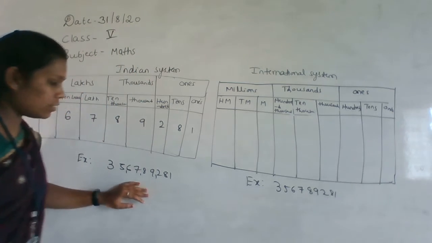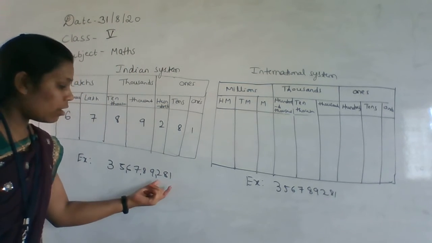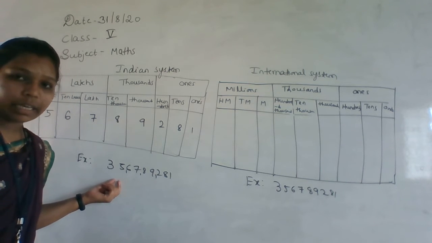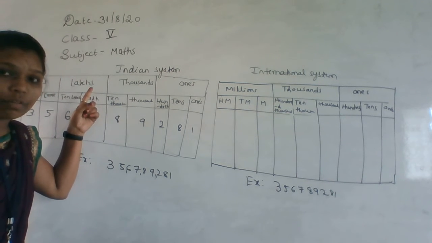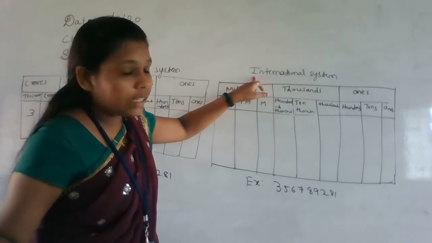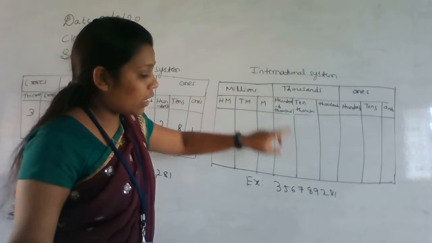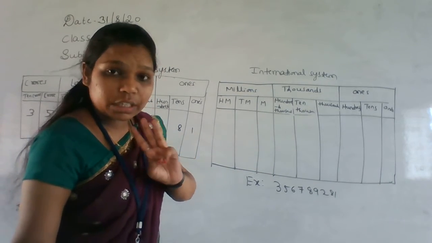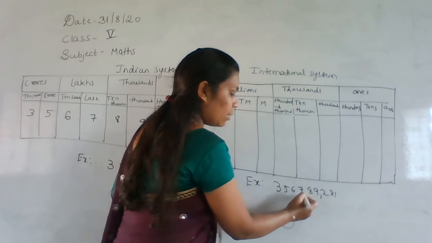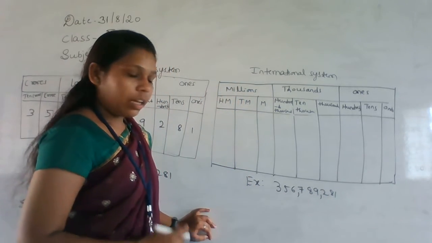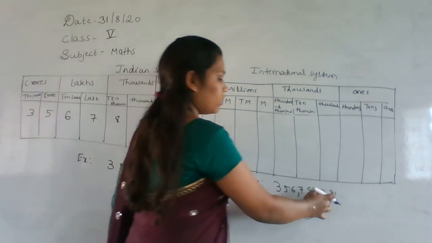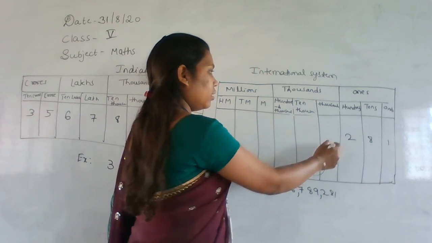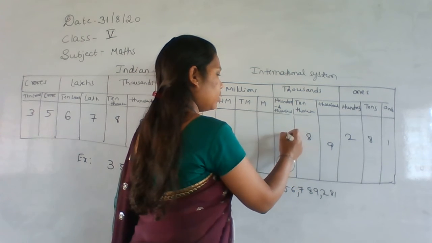According to the Indian system, we put a comma first after 3 digits, and then after every two digits. But according to the international system of enumeration, we put a comma for every 3 numbers. See here, first 3 numbers, and like that only we have to take. Last 281, right. So write here 281. Next here 9, 8, 7.